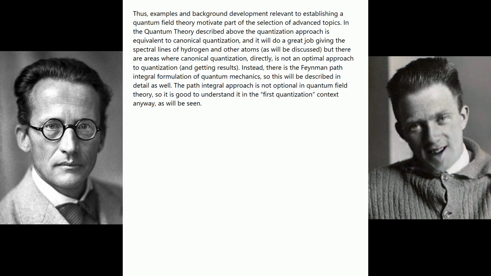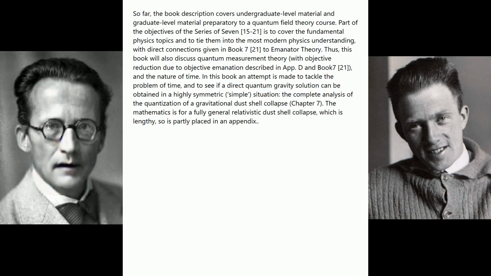Instead, there is the Feynman path integral formulation of quantum mechanics, so this will be described in detail as well. The path integral approach is not optional in quantum field theory, so it is good to understand it in the first quantization context anyway, as will be seen. So far, the book description covers undergraduate-level material and graduate-level material preparatory to a quantum field theory course.